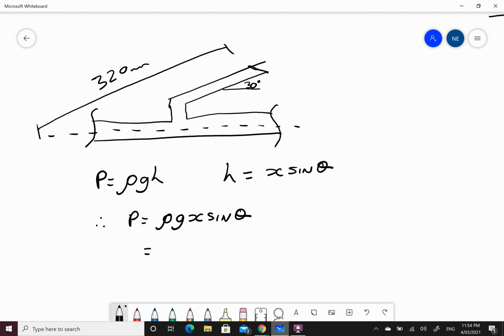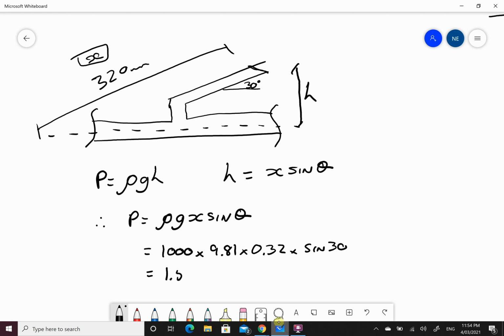We were dealing with water, so I have 1000 times 9.81 times, this is x over here, 0.32, and the other thing we're trying to work out is, this is h, times sine of 30. This here works out to be 1.57 kPa.